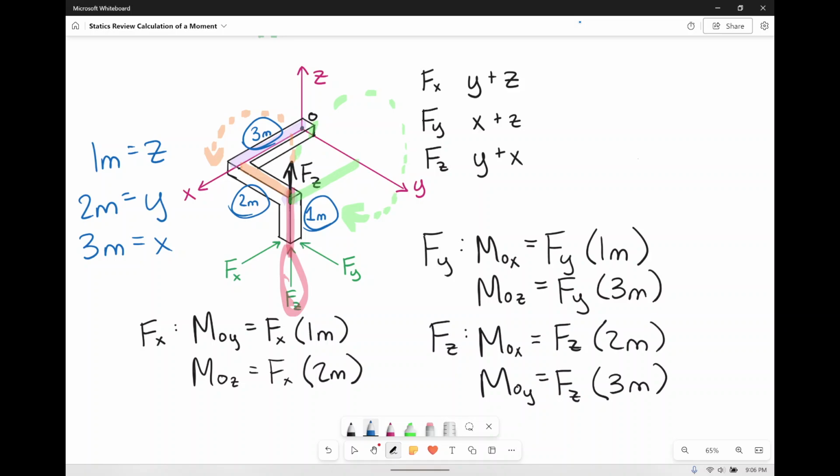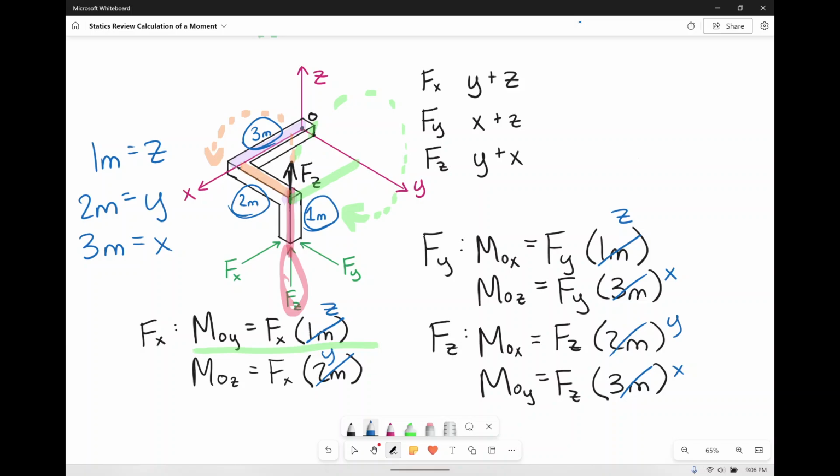So what you could really do is come back over here and replace each one of these by their respective letters, and you're going to notice a trend, right? If we're just looking at moment in the y caused by force in the x, you notice it's times a z distance. I really wouldn't think too much about it though, but maybe it helps you to think of it that way. You're going to see the same trend over and over again with every single one of these. But if that's what works for you, that's great.